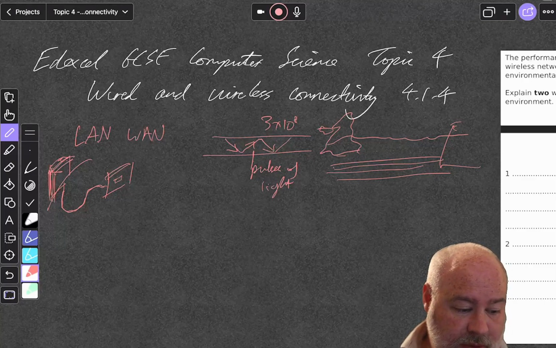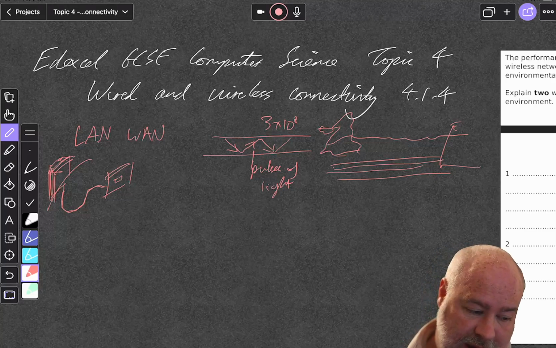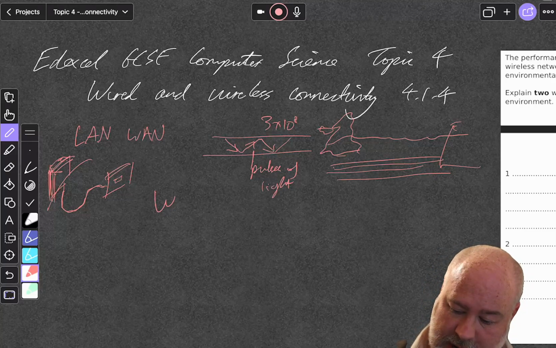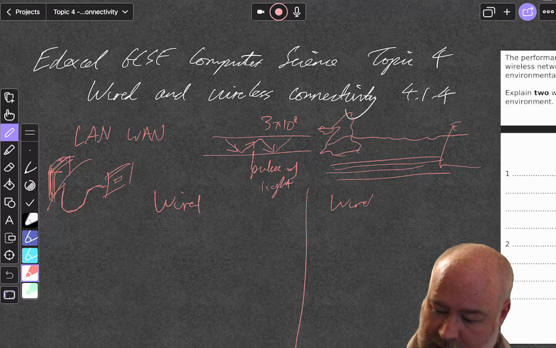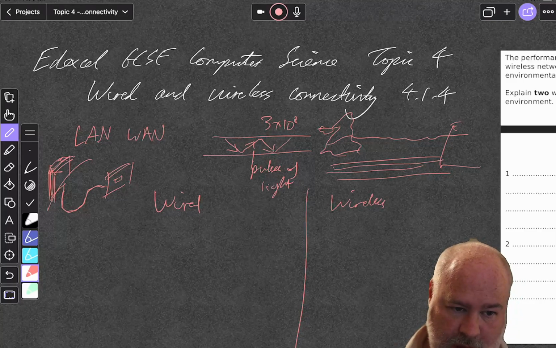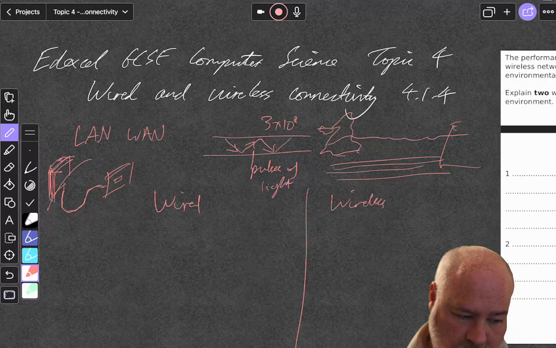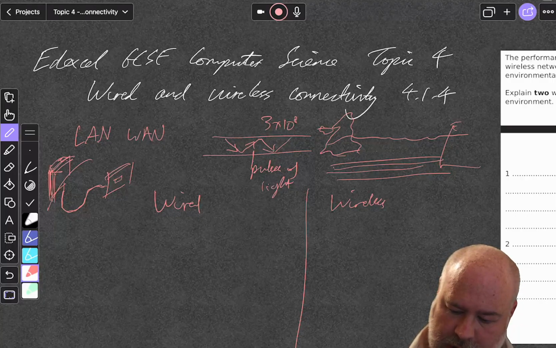And there are a number of different ideas that we need to talk about, so I'm going to make a little chart here: wired versus wireless. Okay, so wired, we can have what we call transmission speed.